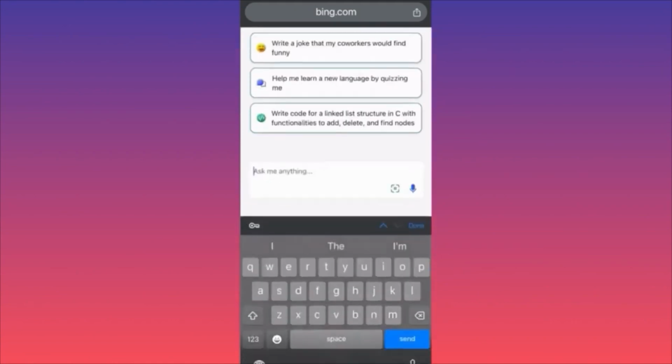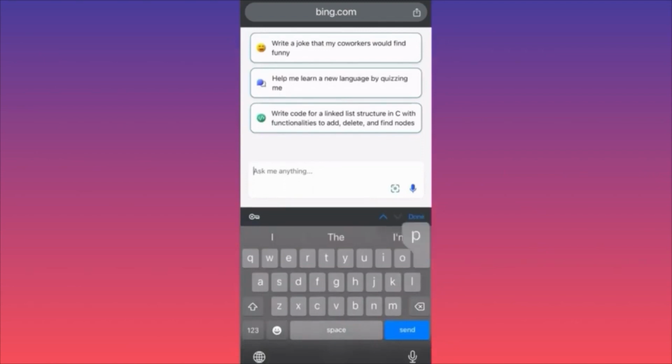In this example, guys, we are going to ask: please write an internship or job cover letter for a job at the bank, or any other major financial institution.